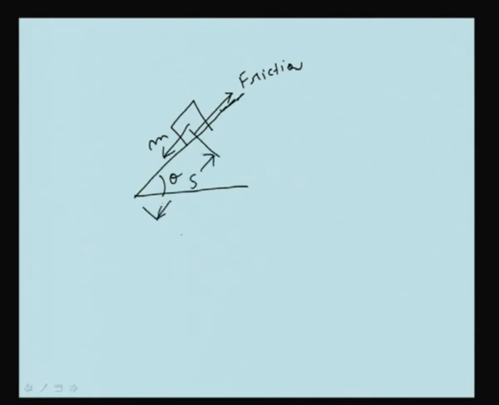In this case also, the principle of work energy, that is conservation of energy, can be applied provided you take into account the frictional forces also.